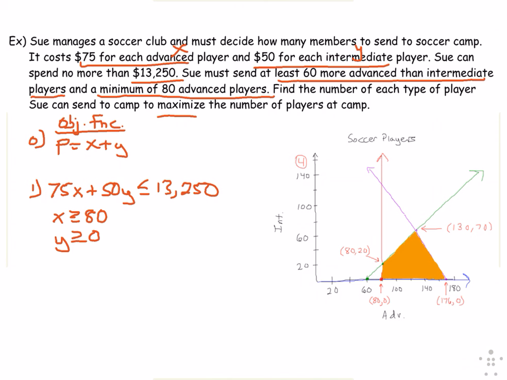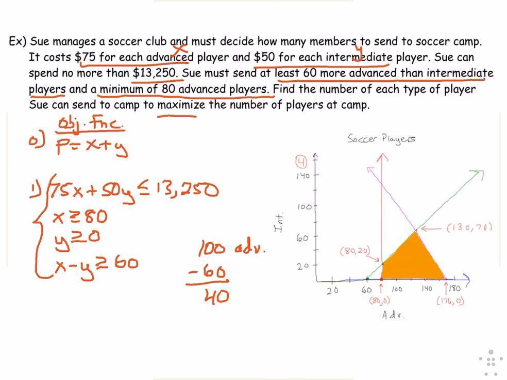If I say I'm going to have 100 advanced players, well, it says I have to have 60 more advanced than intermediate. So what did I do? Well, I subtracted the one from the other. So that's telling me that the difference of the two has to be greater than 60. Takes a little practice. There's our system of constraints.